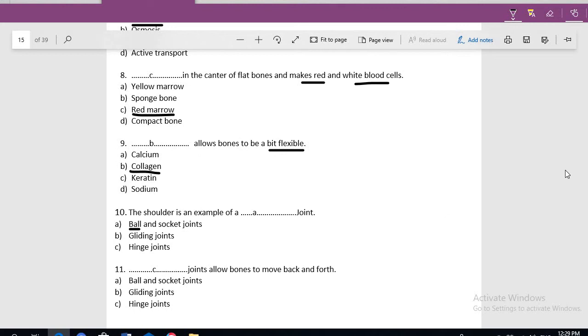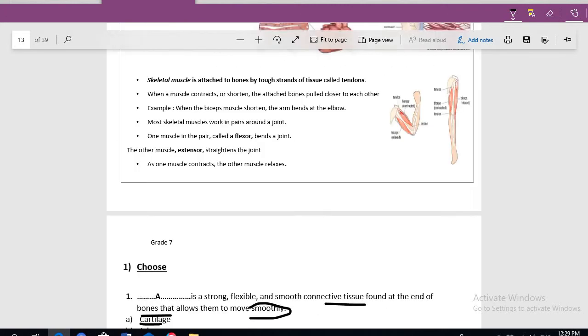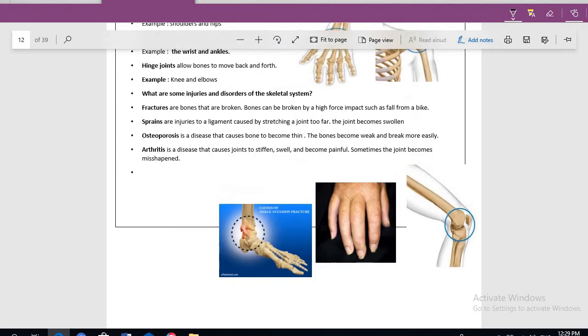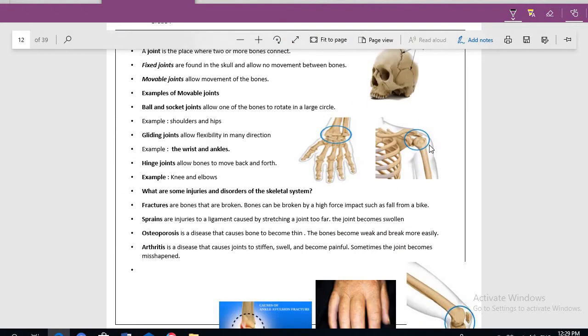So the type of joint in your shoulder is a ball and socket joint. Joints allow bones to move back and forth. This type of joint is called a hinge joint. Look, hinge joint. This type, ball and socket.